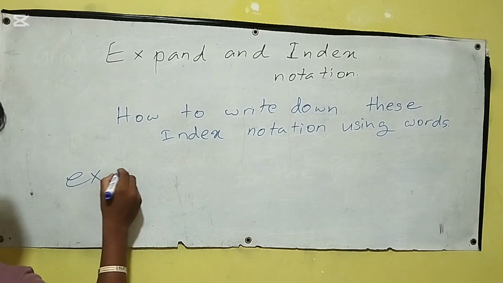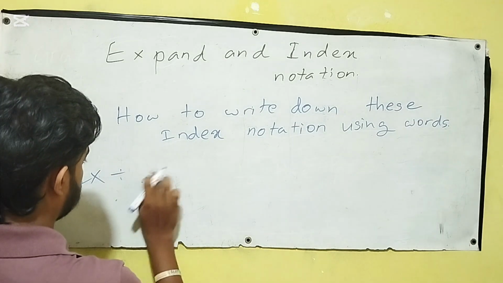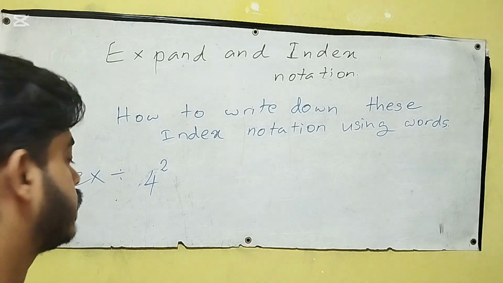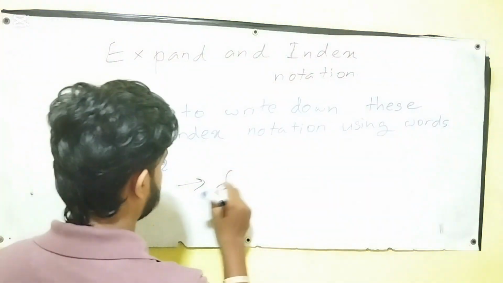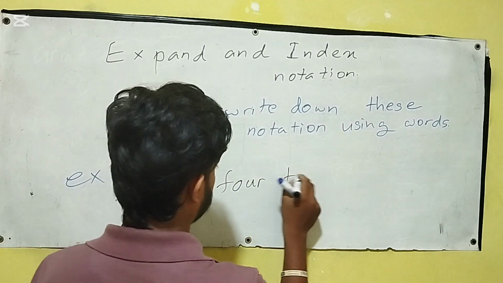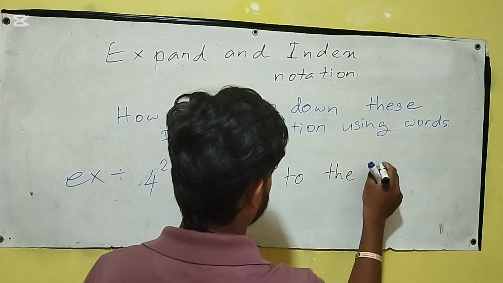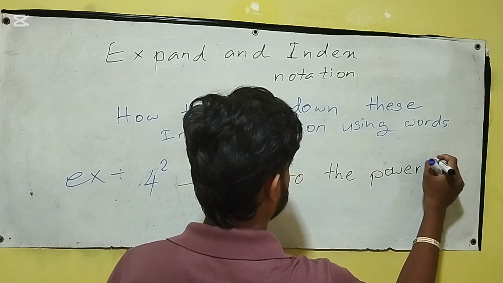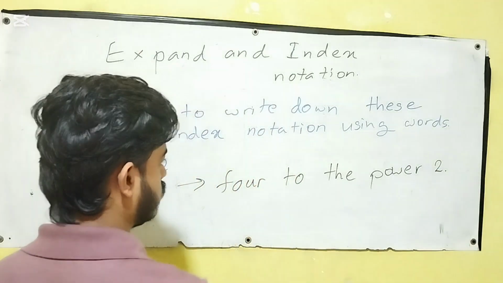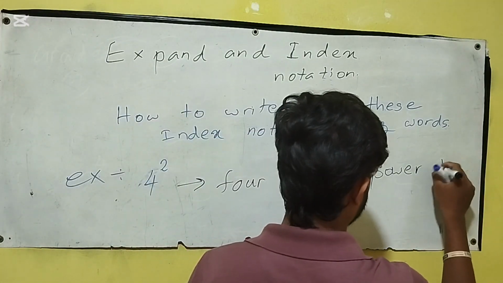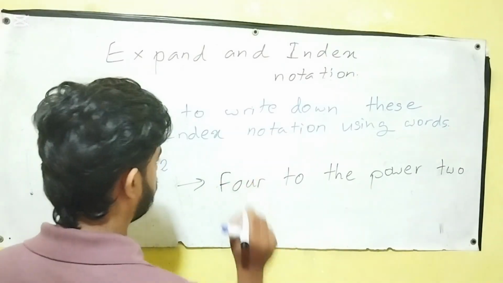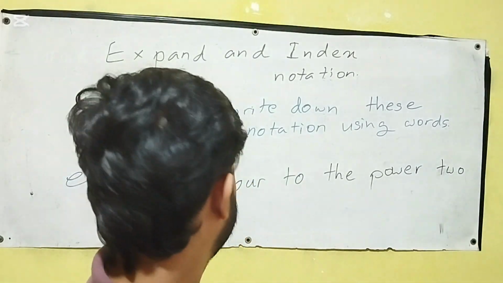Think of the example. How to write down using words? 4 to the power 2. 4 to the power 2.